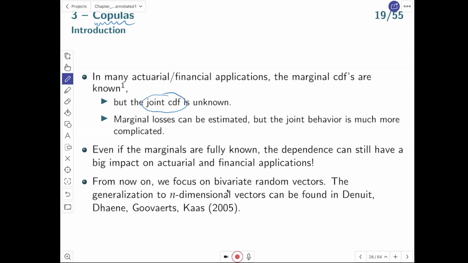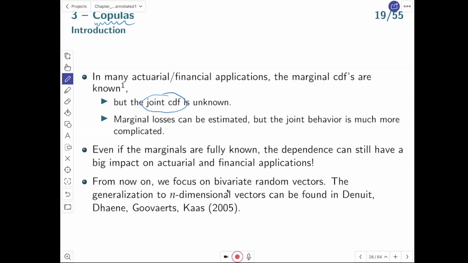The CDF of a random variable gives you a way, it's a function such that you can calculate any probability regarding your random variable. The joint CDF, same as a one-dimensional CDF, is a function, multivariate now, that allows you to calculate any probability regarding your two losses or your two risks.